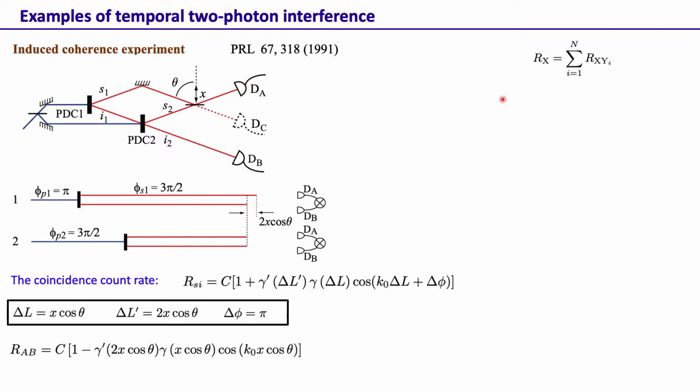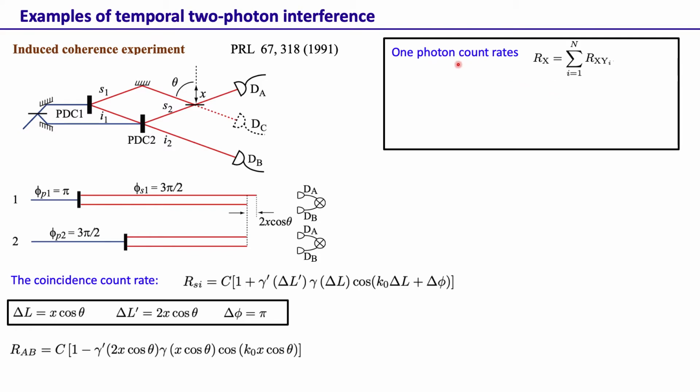So this is explained by the one photon count rate, and here we had that the individual count rate or intensity at a given detector can be represented in terms of the coincidences. So in this case, if we detect a photon at detector A, then what are the possible locations where the entangled photon can go?